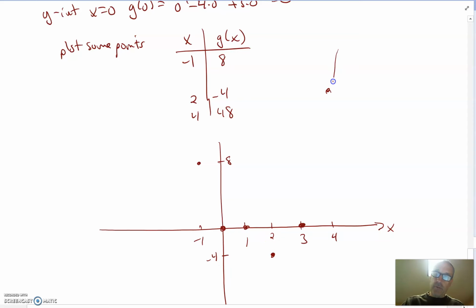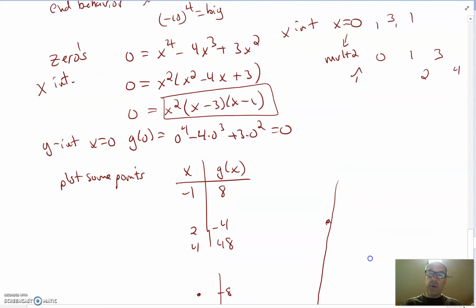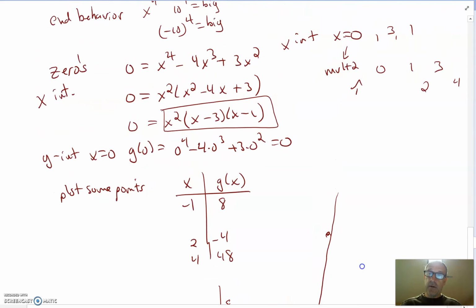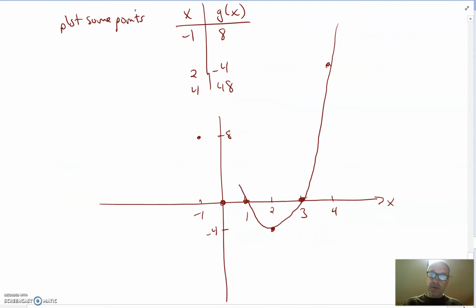So the polynomial is up on this side. It's got to go through the first zero, and bend over through this one. Now let me tell you something here. The 3 and the 1 have multiplicity 1. If they have multiplicity 1, the graph goes straight through. Both of these go straight through.